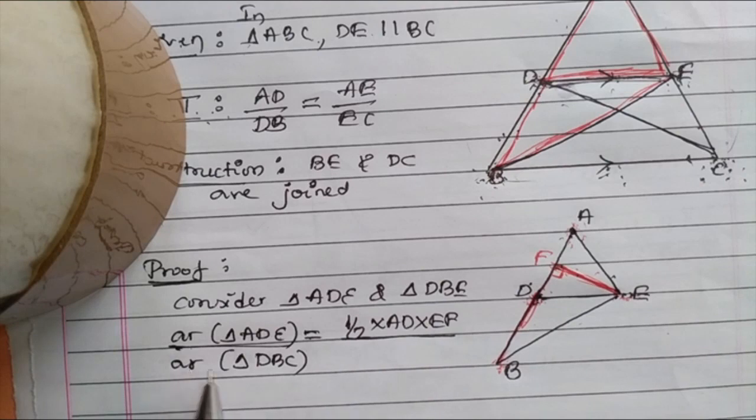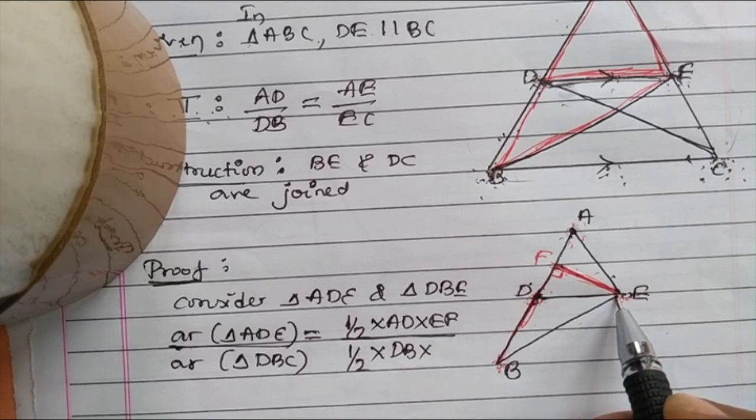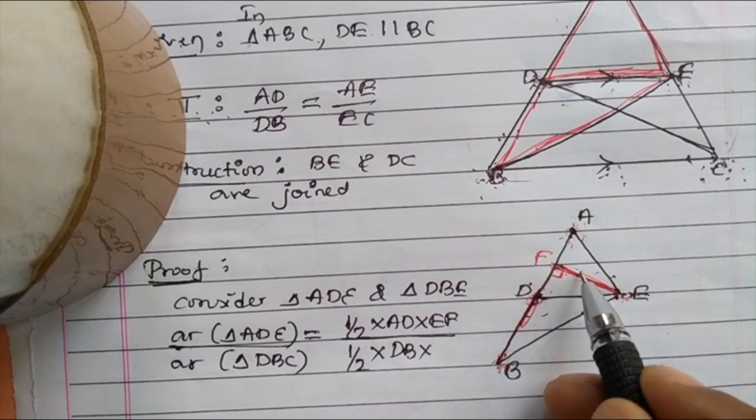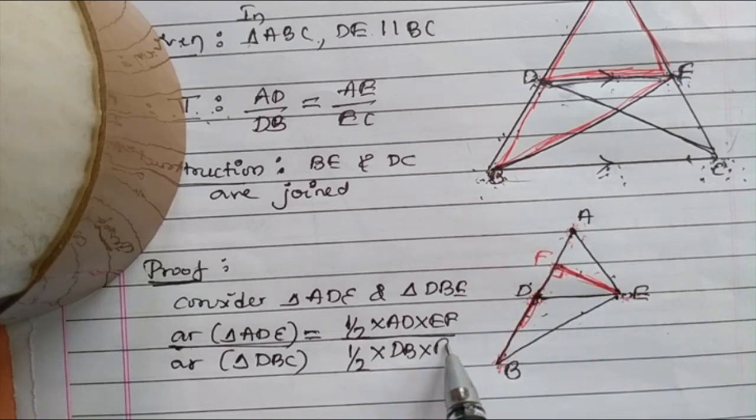Whole divided by the area of triangle DBE, which is also half into base into height. For triangle DBE, the base is DB. It is an obtuse angle triangle, so the height is not within the triangle; it is outside, and that is EF itself.